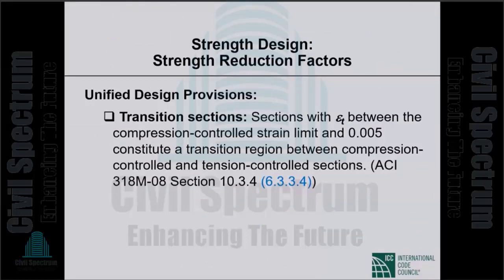So there are compression control sections, tension control sections, then there are transition sections. Compression control sections, net tensile strain 0.002 or less. Tension control sections, net tensile strain 0.005 or more. Transition sections are sections where epsilon sub t is between 0.002 and 0.005, as simple as that.